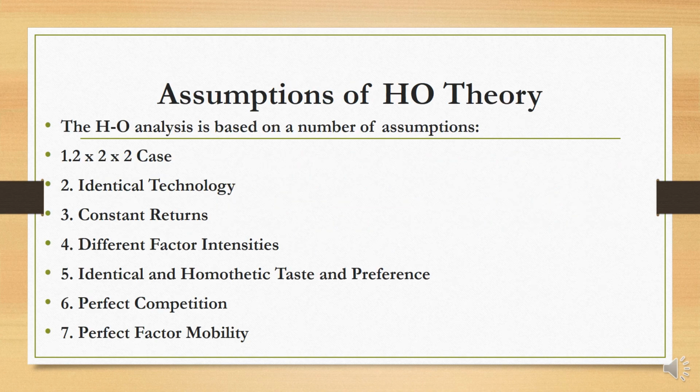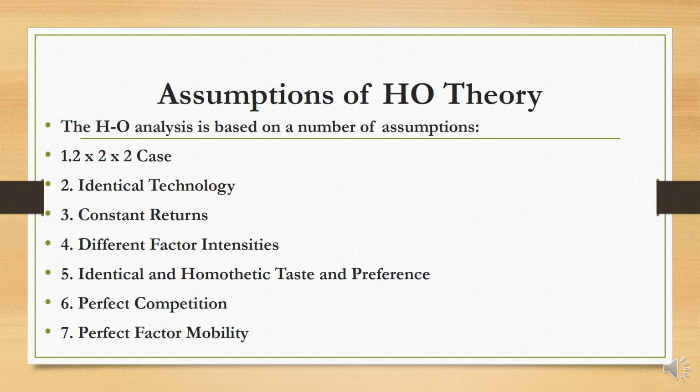Here are some assumptions of the HO theory. The HO theory analysis is based on a number of assumptions. Number 1, 2 by 2 by 2, that is 2 countries, 2 goods and 2 factors of production. Identical technology.